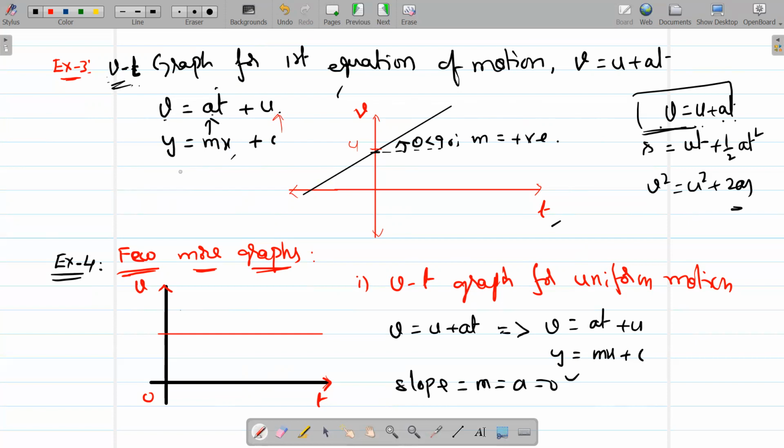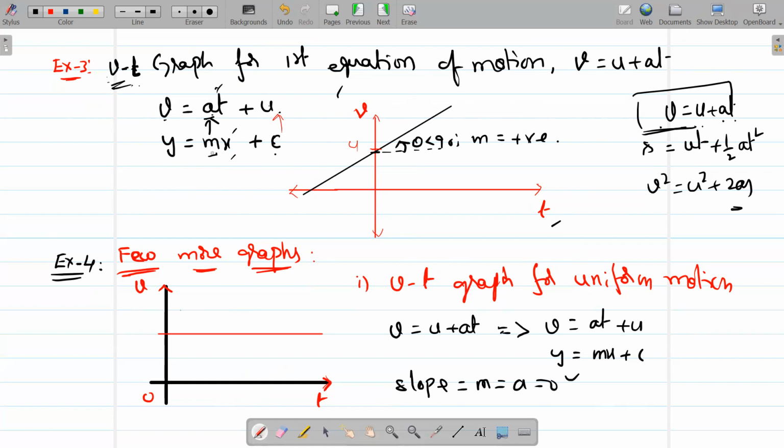And if you compare this with the standard straight line equation, y equal to mx plus c, u is similar to c. So this is constant. Initial velocity will be constant, whereas t is a variable, just like x is variable here, and a is constant, just like m is constant here.